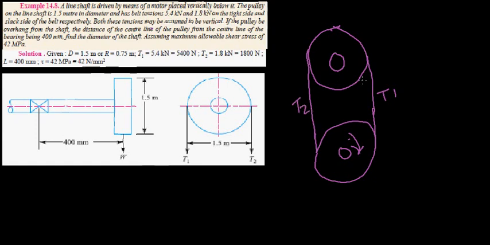Okay, now you think, if I have a pulley and a belt on it, this is the tension, say T1, and this is the tension, say T2. Now you feel, let's say this weight is 100 newtons, and let's say this weight is also 100 newtons. Now when we say torque, what is torque?